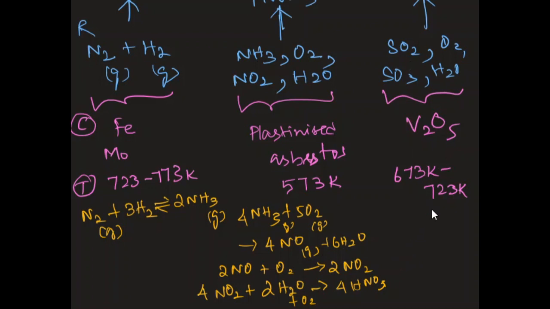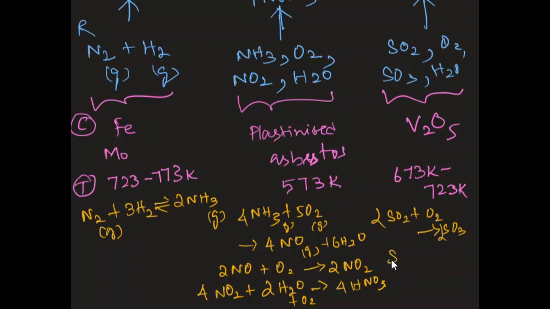And as far as the contact process of manufacture of sulfuric acid, we already discussed. You can refer to that previous video also, where the first step is formation of sulfur trioxide from sulfur dioxide and oxygen. So 2 moles, 2 moles.